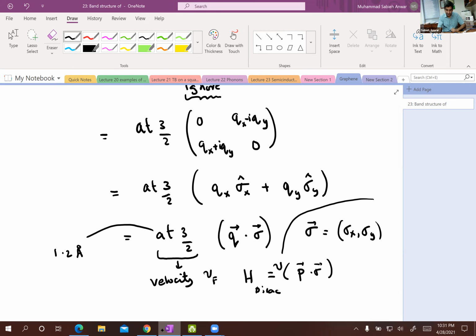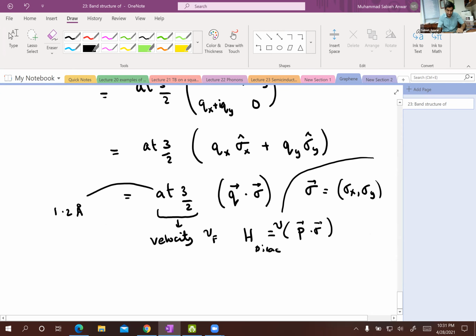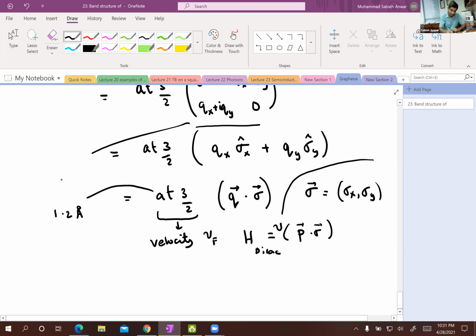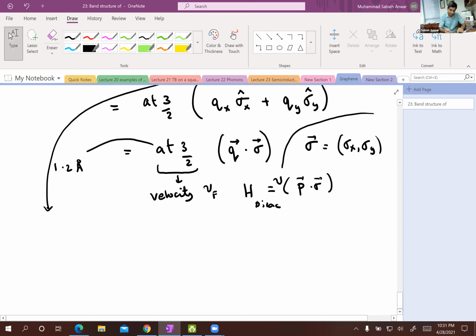Okay. And if I were to look at the dispersion relationship, you just take this Hamiltonian and diagonalize it. If I were to diagonalize it, I'll get 3at over 2.